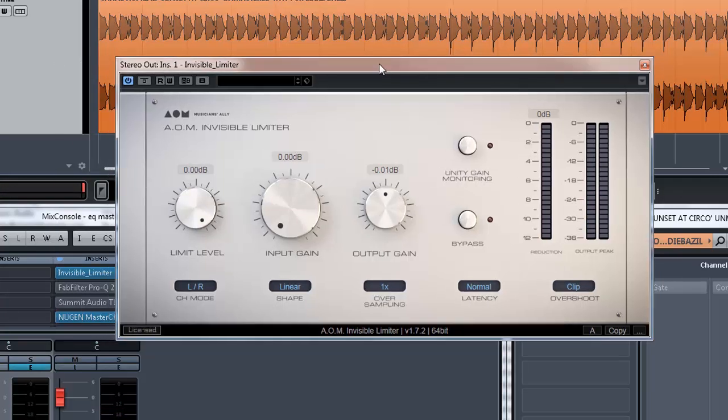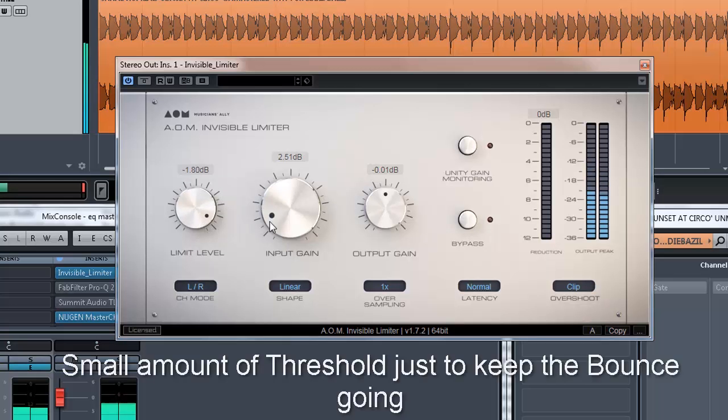If you insert the limiter into the channel as is in default mode, you literally only need to push your input gain and you've got invisible or transparent limiting. Tiniest little adjustments.